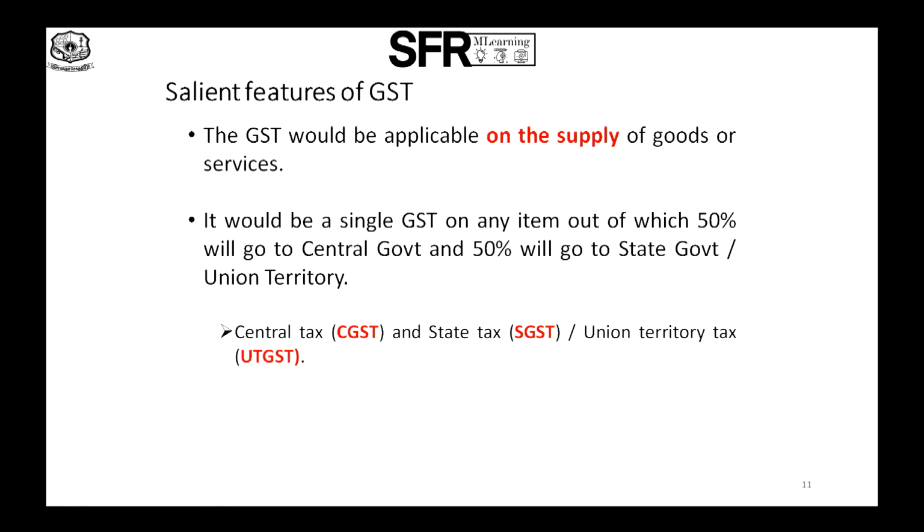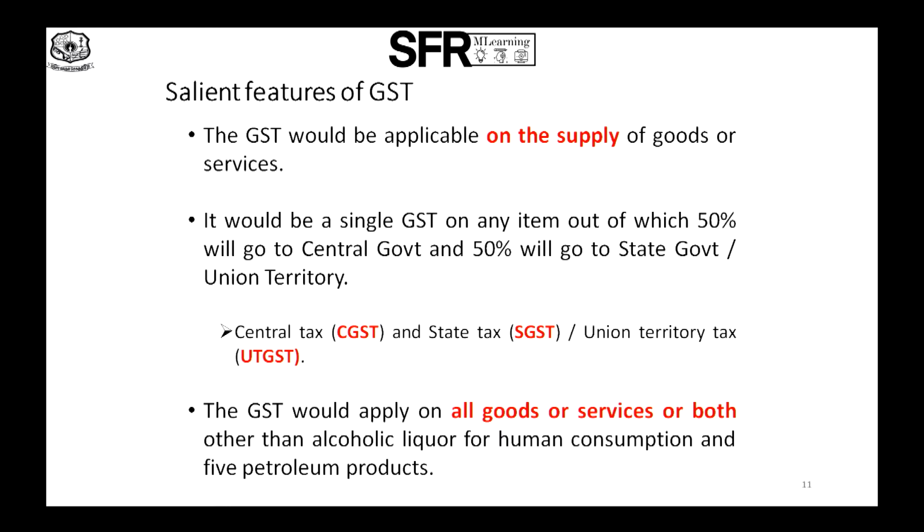The tax levied at a central level is CGST, then SGST is the state level tax, union territory GST is UTGST, the next one is the integrated GST, IGST. It is applicable on all goods and services other than the alcoholic liquor for human consumption and few petroleum products.